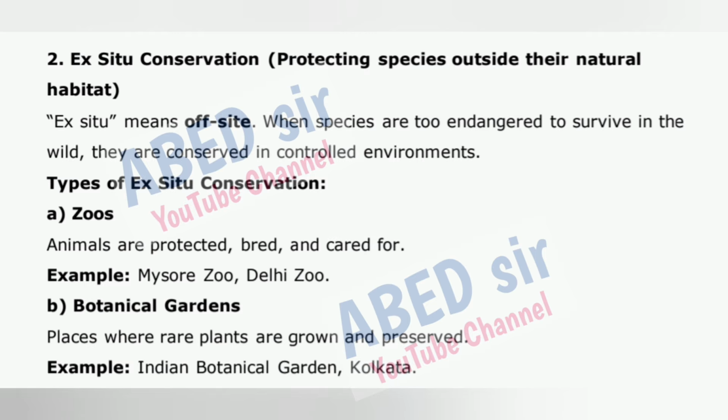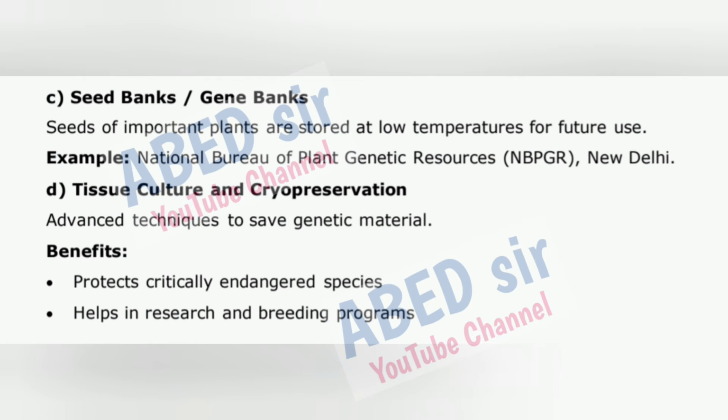Example, Indian Botanical Garden, Kolkata. C. Seed banks, gene banks. Seeds of important plants are stored at low temperatures for future use. Example, National Bureau of Plant Genetic Resources, NBPGR, New Delhi. D. Tissue culture and cryopreservation. Advanced techniques to save genetic material.